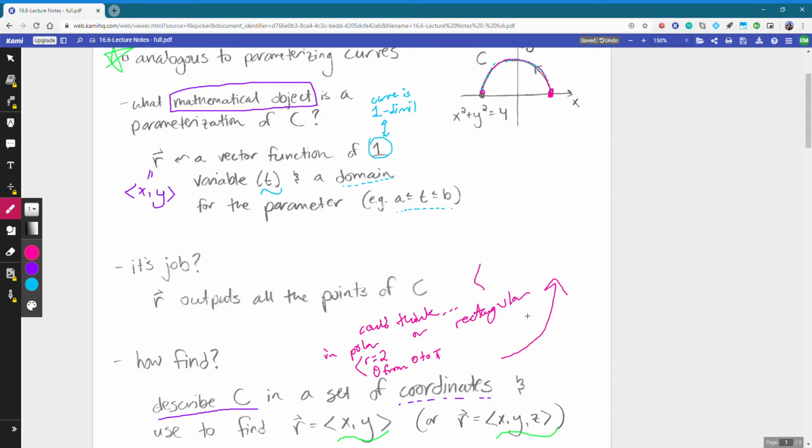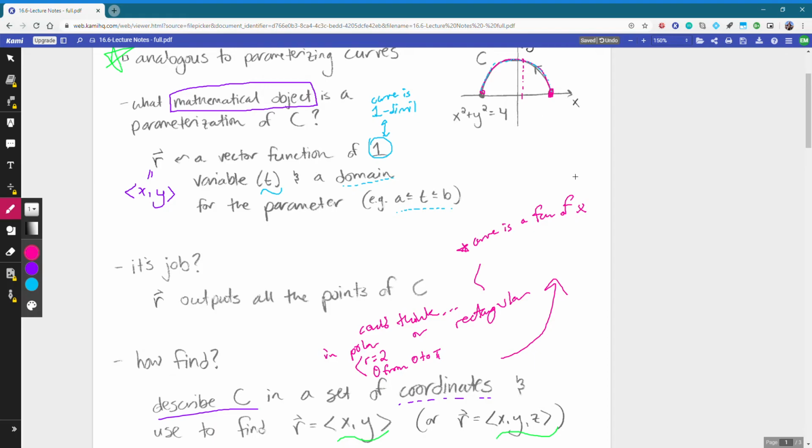In terms of rectangular, the observation is, hey, our curve is actually a function of y. Sorry, I said that wrong. Our curve is a function of x. For each x, there's a unique point on our curve, a unique y value.